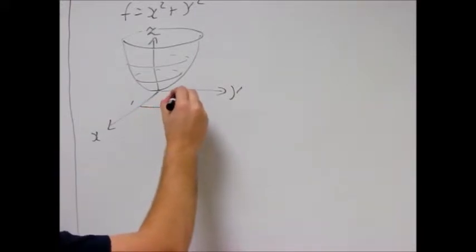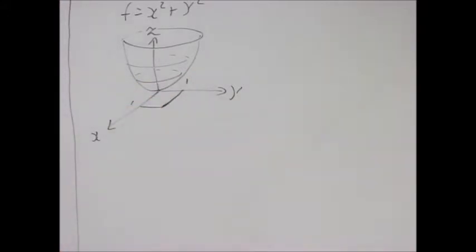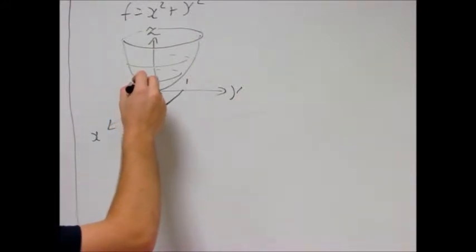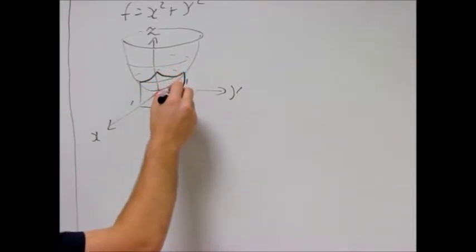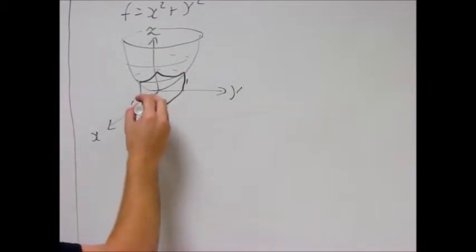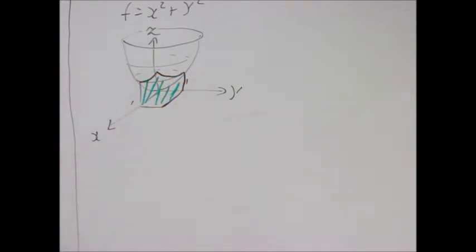This is a 1 by 1 square in the xy plane. So the region will probably go something like this. So that will be the volume in that area. So we'll consider it at this point.